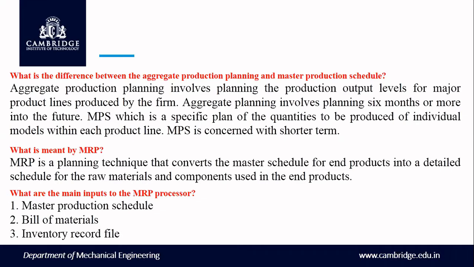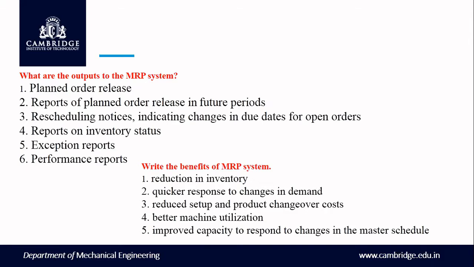Now, what are the main inputs to the MRP process? What do we have to give to the material requirement planning? One is the master production schedule. I have to give the bill of material for the part to be produced, and the inventory record as an input. And what are the outputs of the MRP? Outputs will be planned order release, or purchase order release.